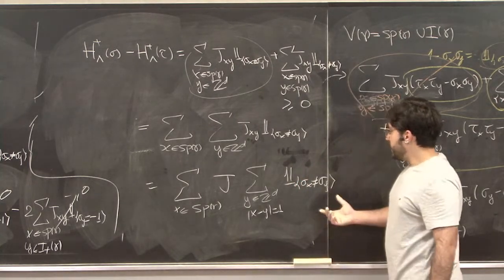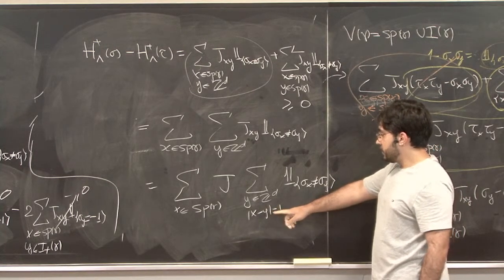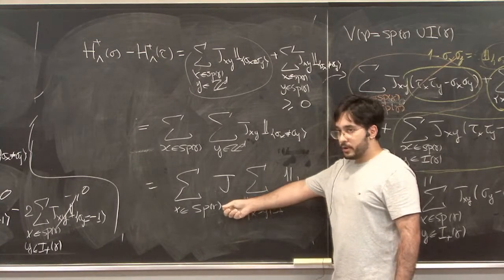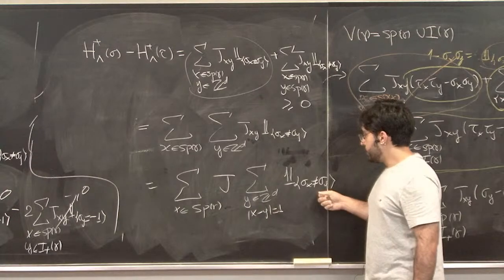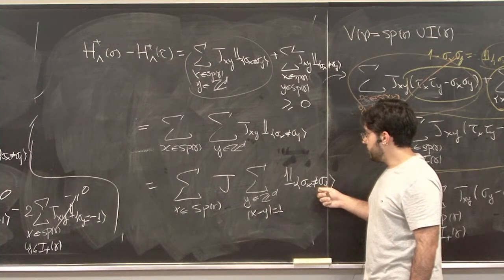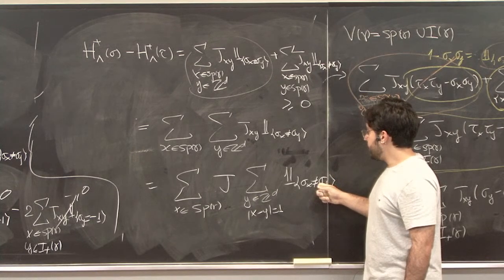So what is happening now is the following. For a point to be in the support, at least one of its neighbors will need to have a change of sign.